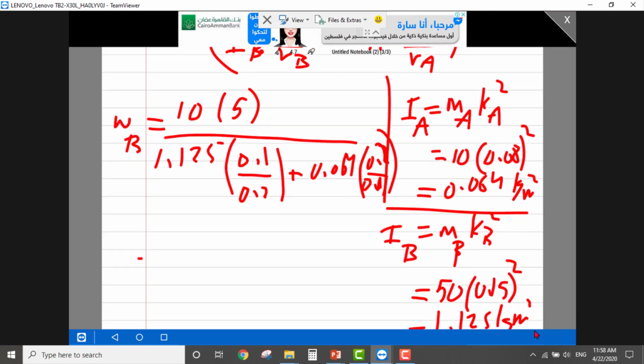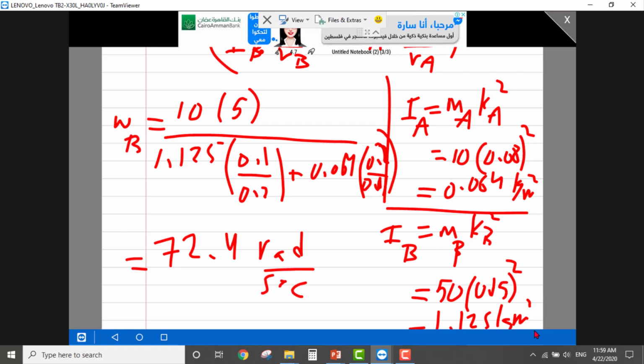So using the calculator, 0.064 plus 1.125 multiplied by 0.1 over 0.2, multiplied by 1.25. So omega B is equal to 72.4 rad per second.